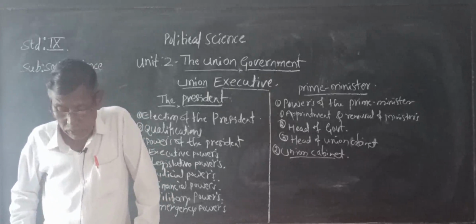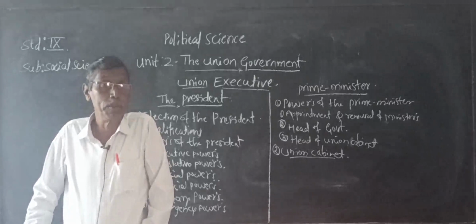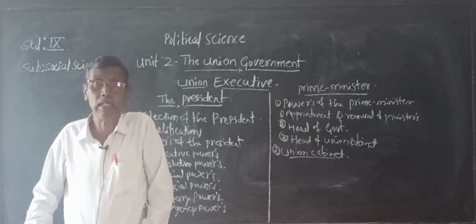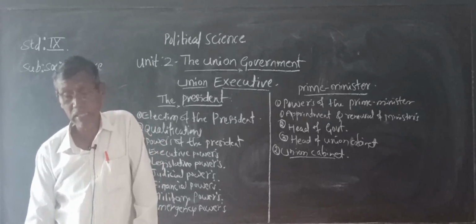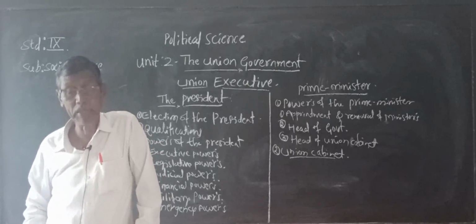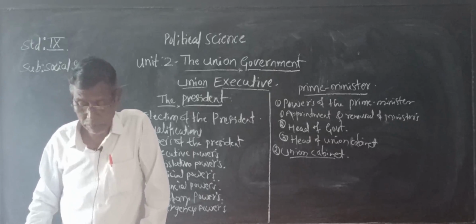It not only implements the laws made by the Union Legislature, but also implements the programs and policies of the Union government. The Union Executive consists of the President, Prime Minister and his cabinet ministers.